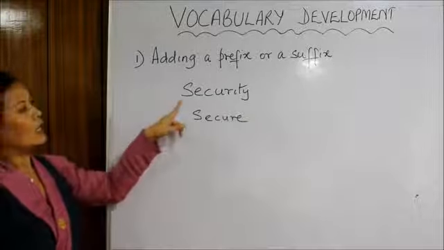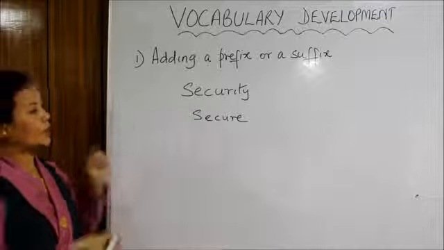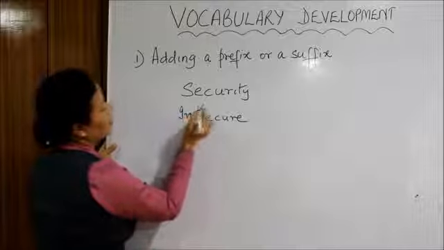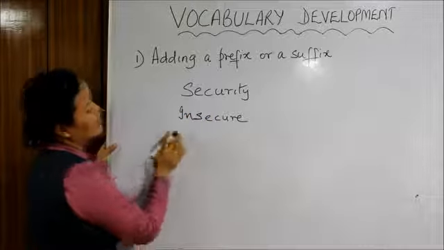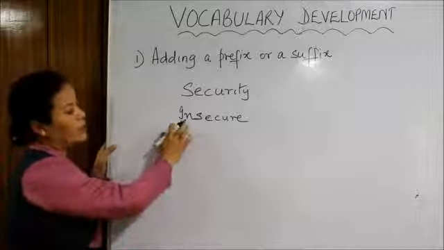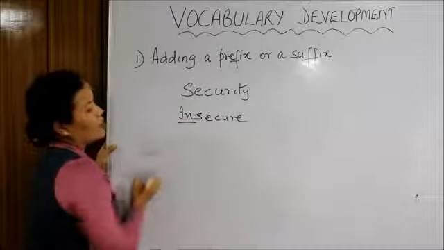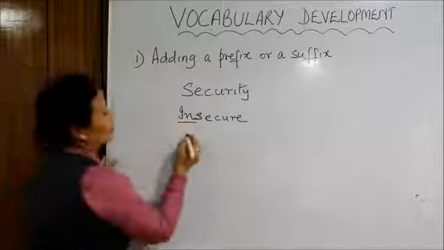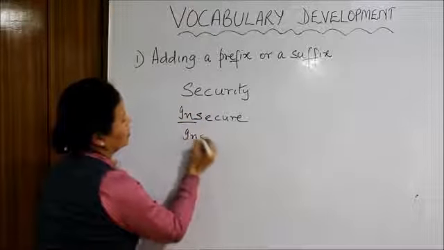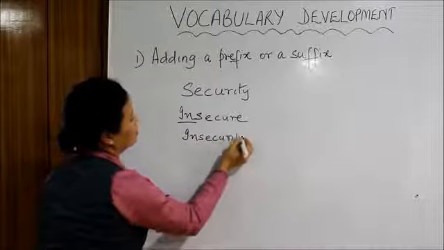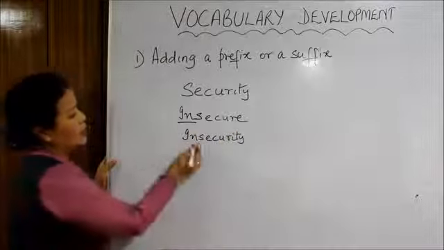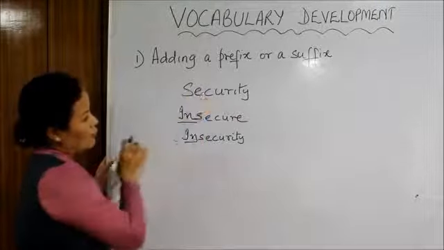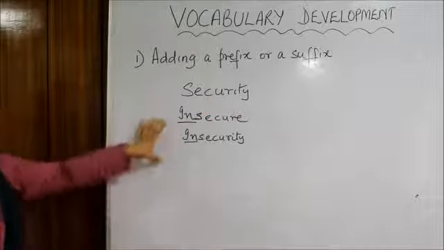Now if we add a prefix, in, we get insecure. By adding the prefix in, the meaning of the word changes: insecure. In the same way, insecurity. Security, insecurity. This is by adding a prefix.